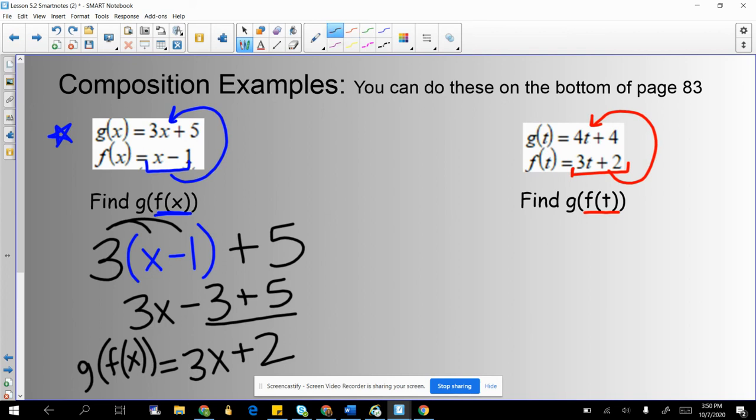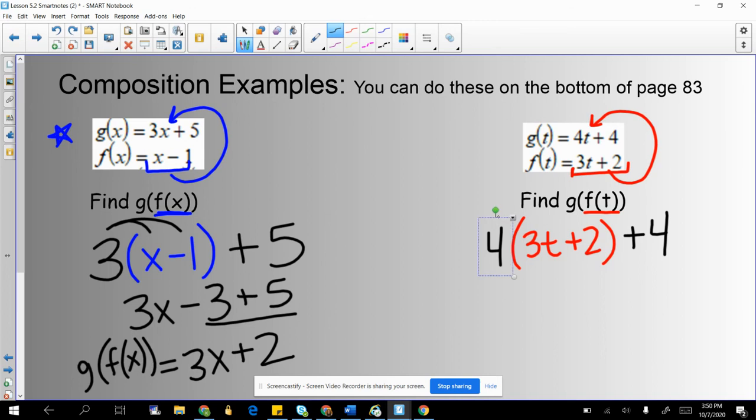So again, that's looking like 4, and then instead of t, we're going to plug in that whole f of t. So 3t plus 2. And then bring down the rest, so plus 4. That's the rest of your g of t function.